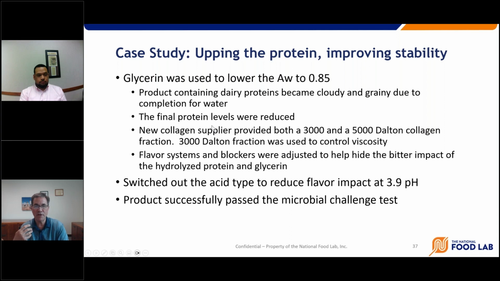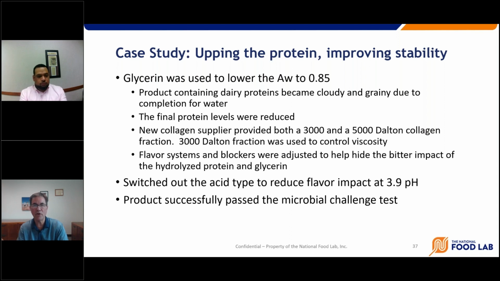So protein levels came down. And then secondarily, as you look at collagen, you have different levels of hydrolysates, right? So you have a 3,000 and a 5,000 Dalton, the 3,000 being more hydrolyzed, right? Smaller portions of the protein. Of course, that comes with a little more flavor as well.